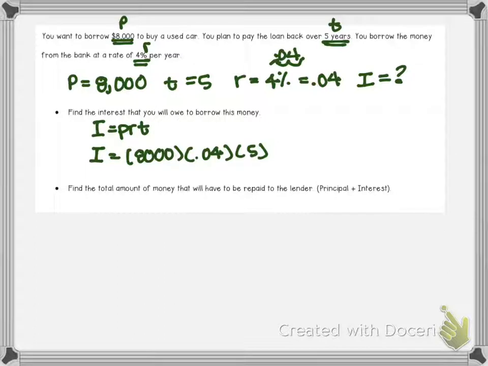So I have 8,000 times 0.04. There are 2 numbers to the right of the decimal. 4 times 0 is 0, 4 times 0 is 0, 4 times 0 is 0, and 4 times 8 is 32. And then we have to place a 0 for a placeholder.